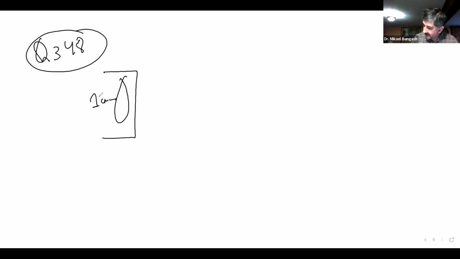What is the best estimate of the minimum lateral resolution of this system? This is me just asking what's going to be the diameter or the width of the beam at the focus.